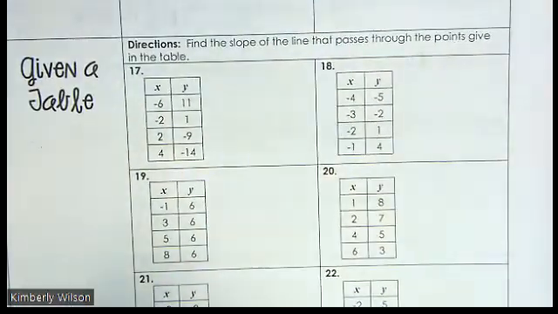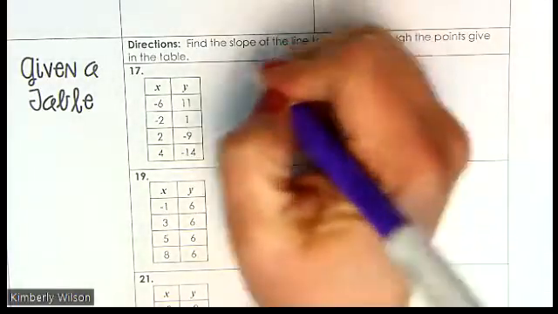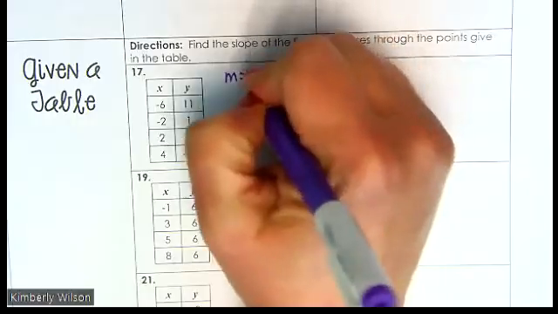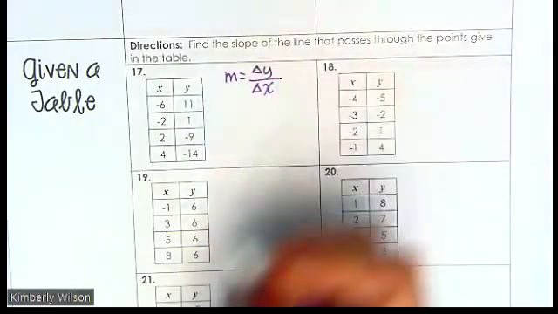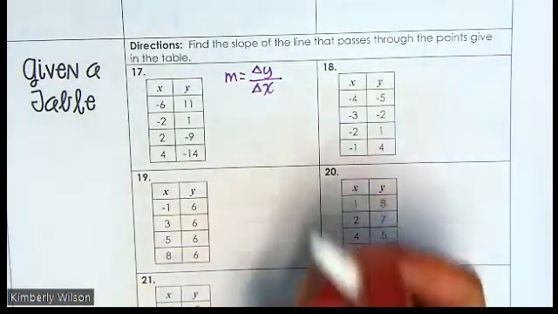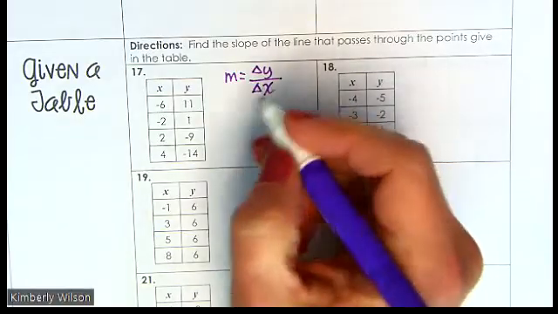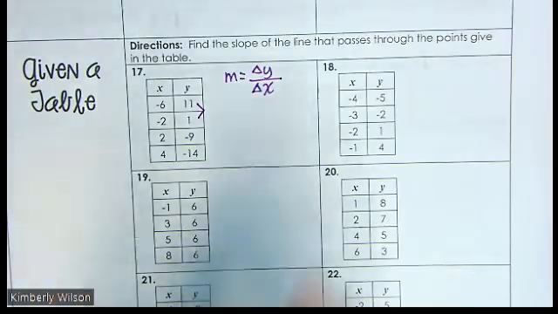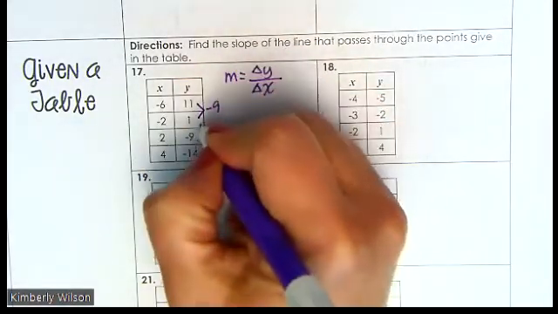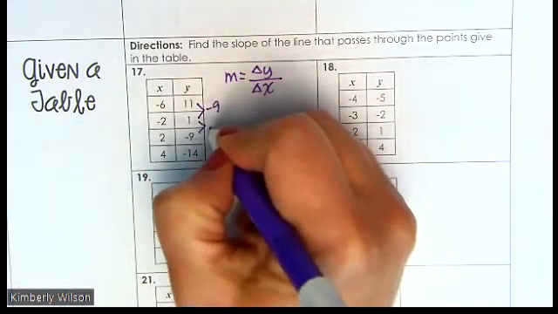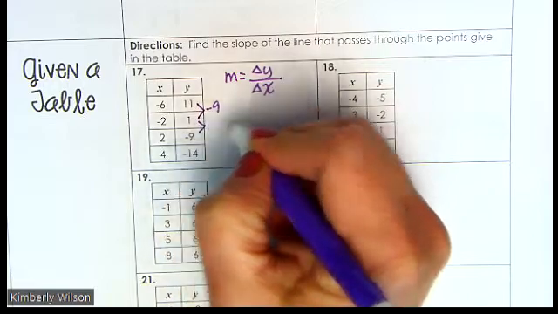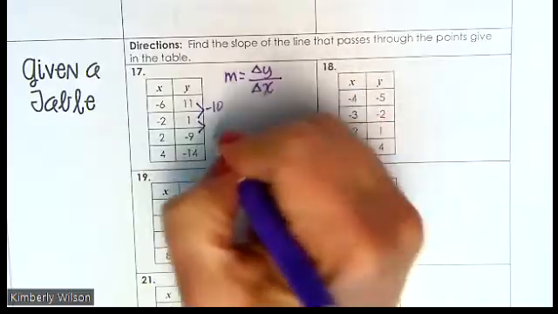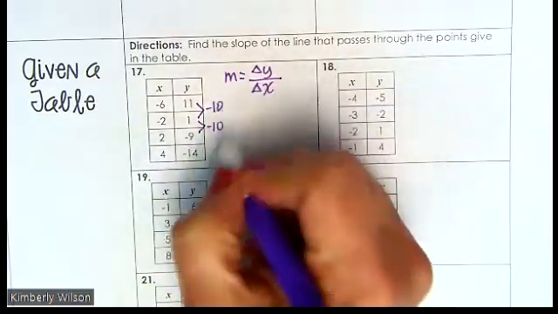Because remember, what you're doing is you're looking for the change in the Y over the change in the X. Okay, so I'm going to look to see, what do I do to go from here to here? I'm going down 9 from here to here. I'm going down, oh, no, not 9. I'm going down 10. Since I'm going down, it's a negative.